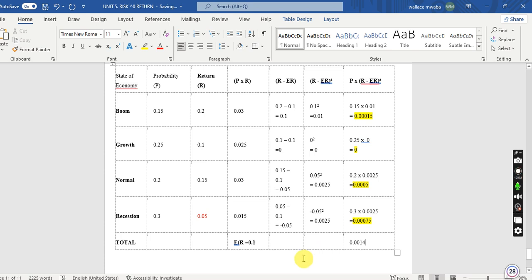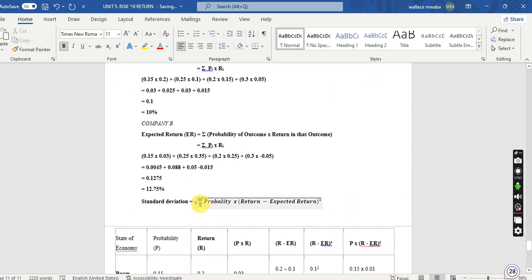Because we've just done this part here only, we now need to get the square root. The table is just highlighting this part of the formula.